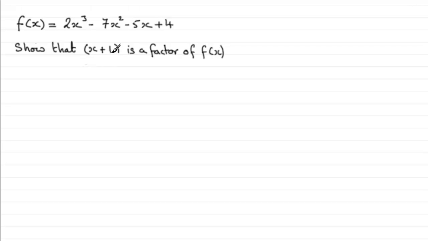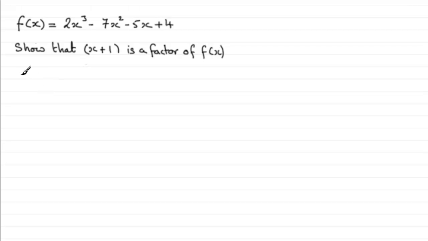And what that is, is that if we were to make this equal to 0, then x would have to equal minus 1. So if we do f of minus 1, we would expect to get 0 as the remainder. It goes in exactly. So that's our starting point, okay?